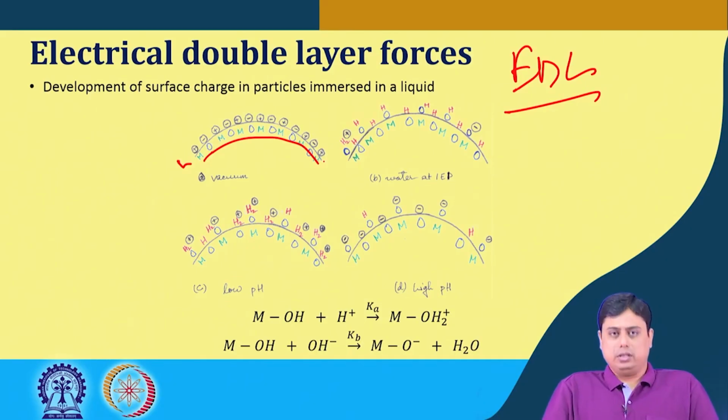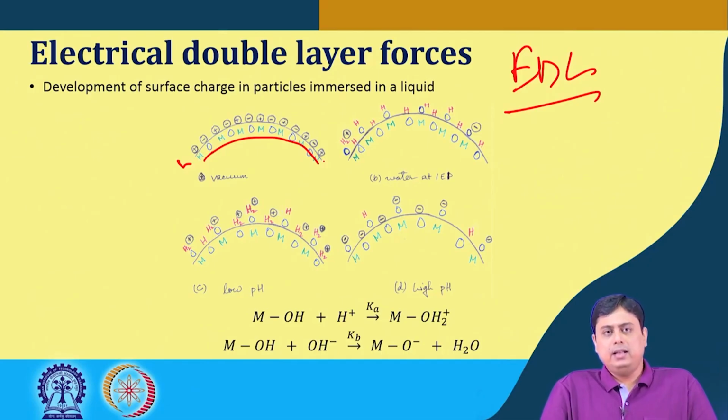Now, when there is moisture in air or some humidity in air beyond a certain percentage, or it is immersed in water, then this will react with water and will create the metal hydroxyl groups.